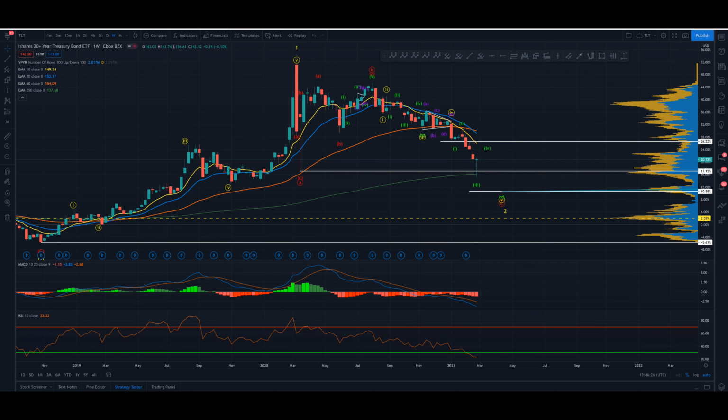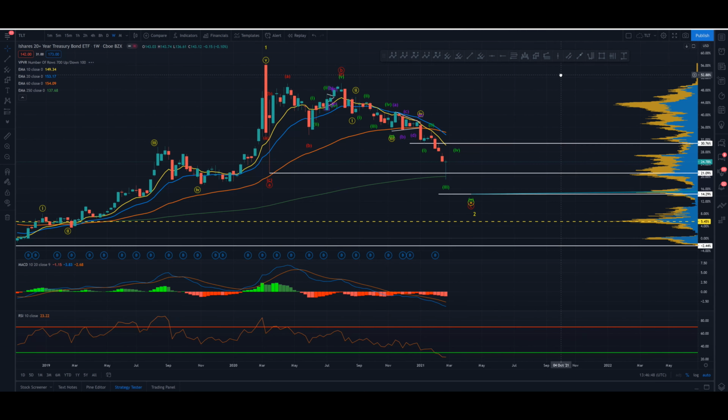Okay, so before we begin, if you're new to the channel, let's just give you a quick rundown of the chart here. We have our Elliott wave count on the chart, which is all the numbers and letters. We have 4 wavy lines on the chart, which are exponential moving averages. The yellow is 10, 20 in blue, 60 in orange, and 250 in green. We have a volume profile on the right hand side. This is a visible range and therefore adjusts when we adjust the chart.